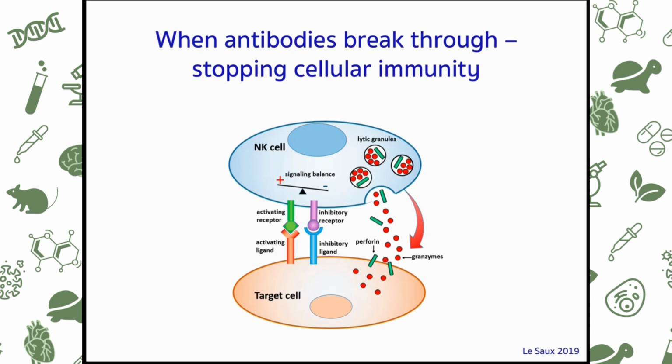And your cells have got lots of molecules within them which bind to those purple inhibitory receptors and trigger inhibitory signaling inside that killer cell.